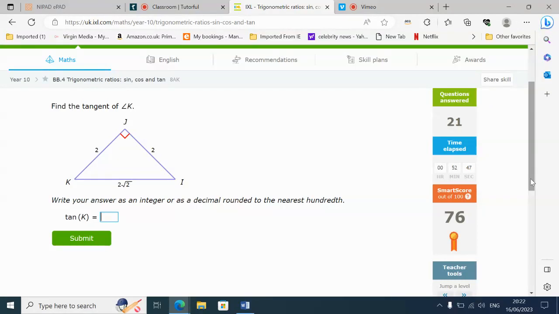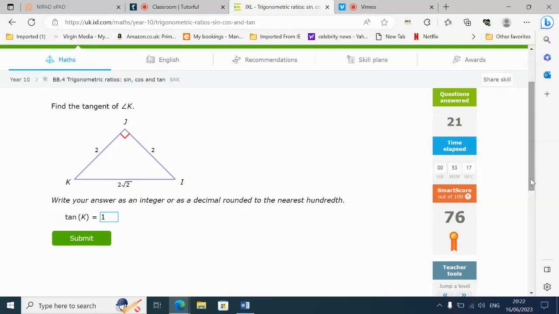So what do we do now? So now we write 2 over 2, and then 2 divided by 2. 2 divided by 2 is 1.